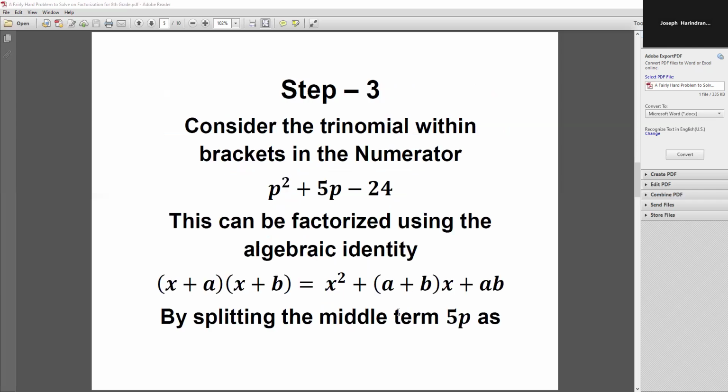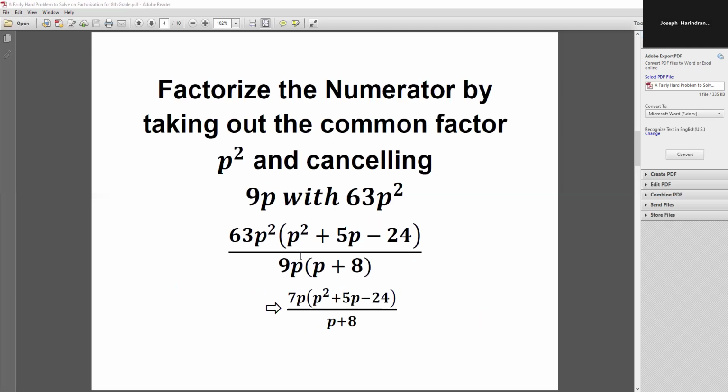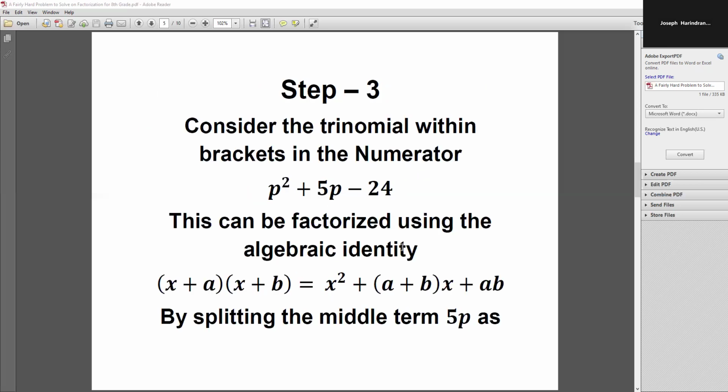Step 3. This is an important step where the manipulation takes place. Consider the trinomial within brackets in the numerator alone: p squared plus 5p minus 24.